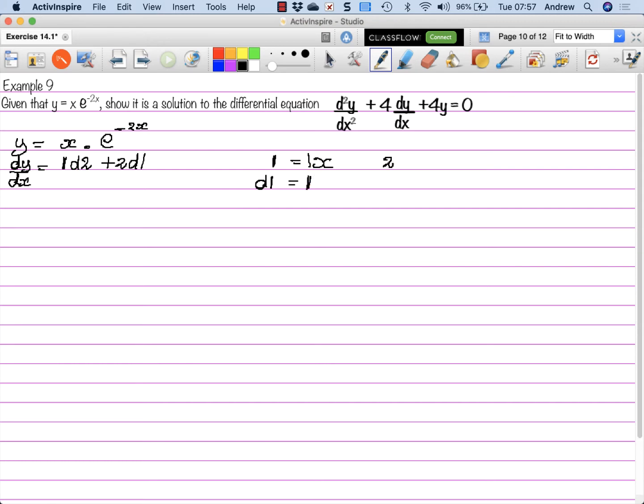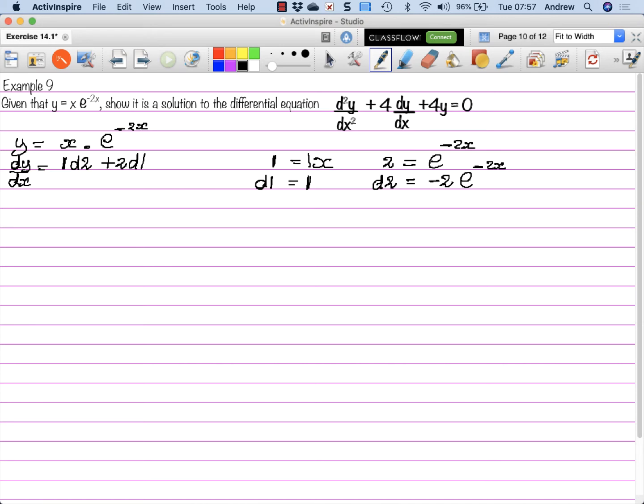The second function is equal to e to the minus 2x, and the differential of the second function is, if you remember, when you differentiate an e function, the e function remains unchanged, and then you multiply by the differential of the power. The differential of the power is minus 2.